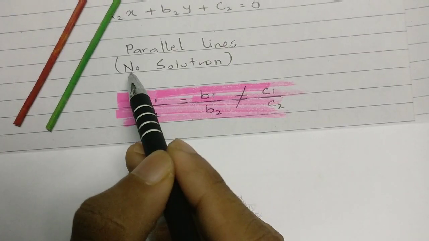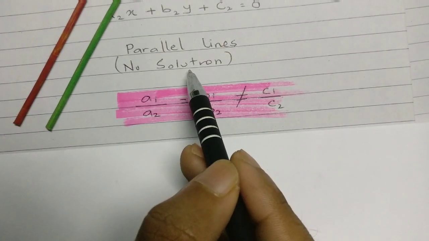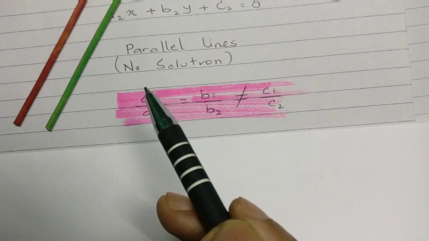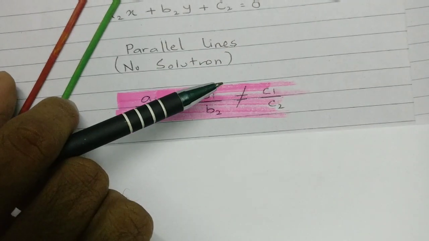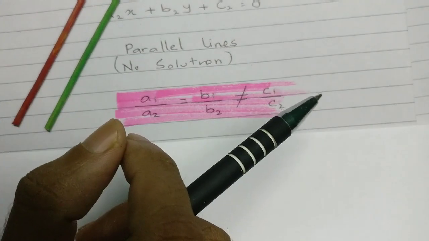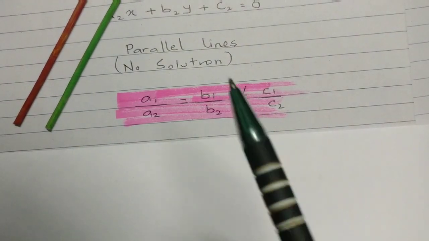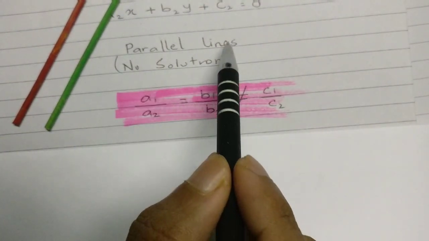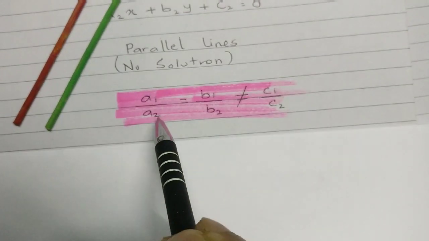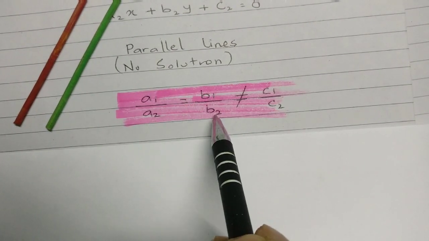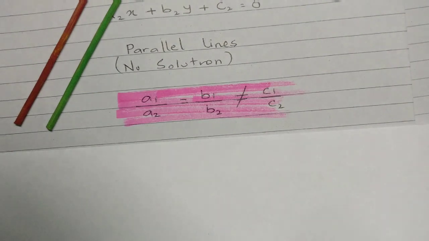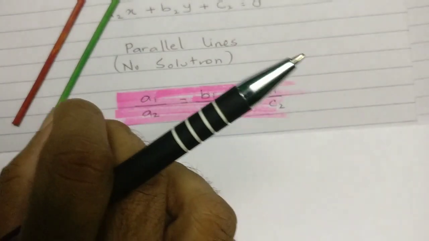That's the reason it is said as no solution. The solution is that point where both these lines will meet somewhere. Since they are parallel lines, they are not going to meet anywhere. So let us just check whether it is possible in this equation or not.